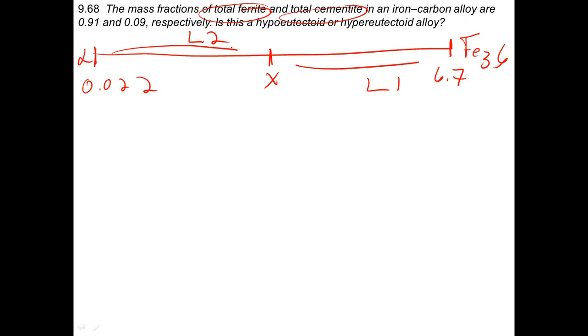So there's that same tie line showing L1 and L2 bounded on the far right by cementite, bounded on the far left by ferrite, unknown system composition X. We're given that the total ferrite mass fraction is 0.91.